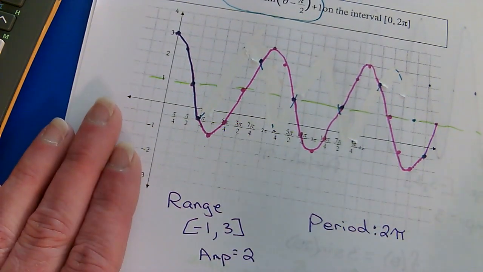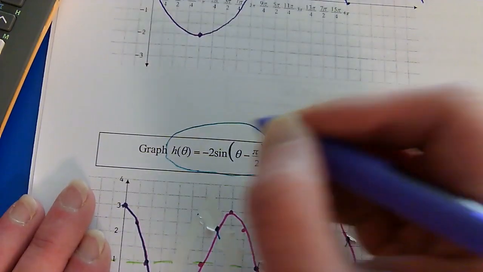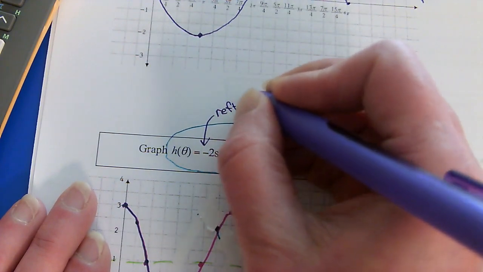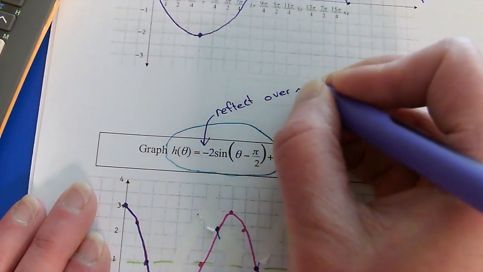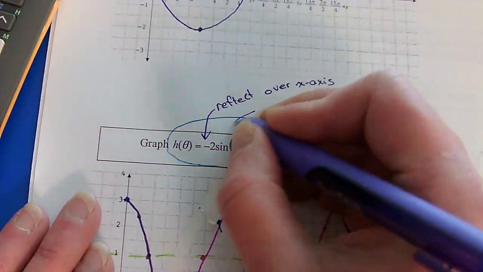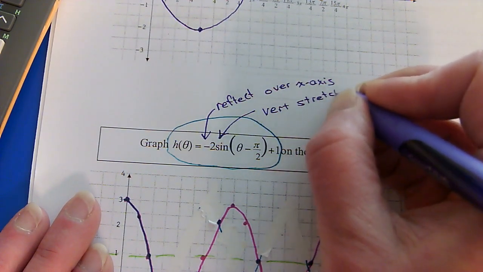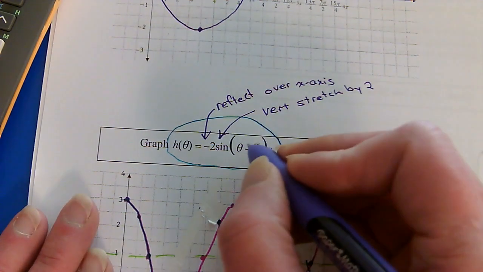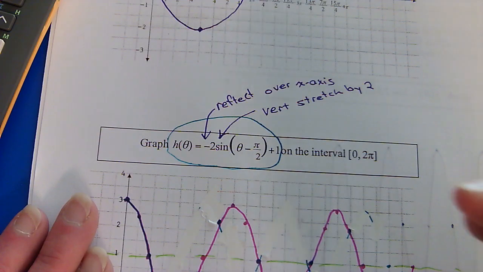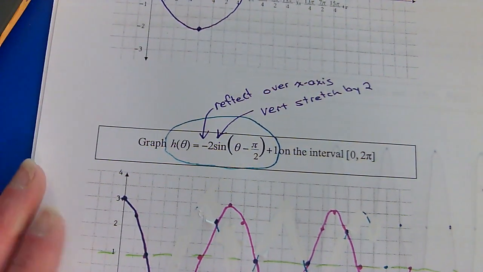First off, let's talk about the equation. So this negative in front usually means reflected over the x-axis. Okay, so we've got some interesting things going on. The 2 is a vertical stretch by 2. Now on this one, I did not have that number in front of the theta that gave me that period change, so it's the normal period.